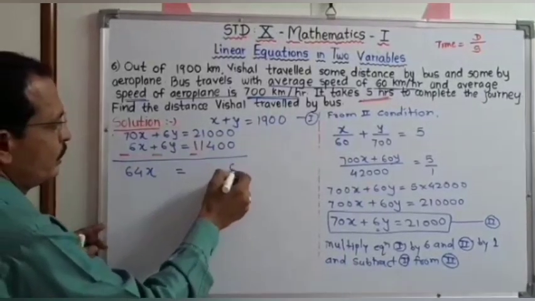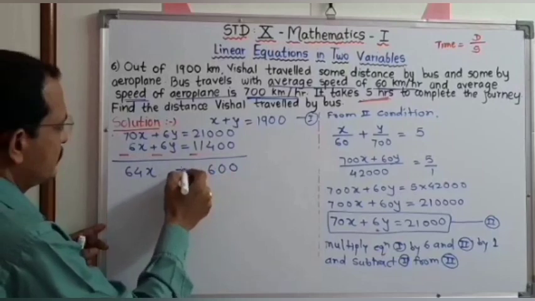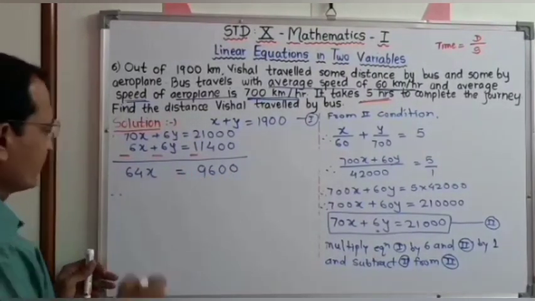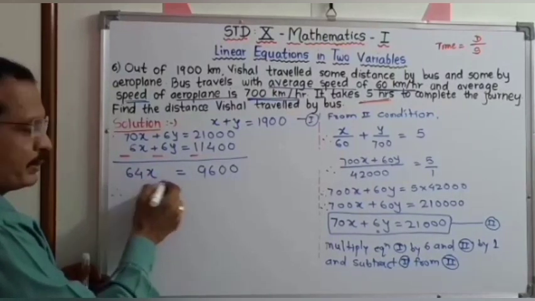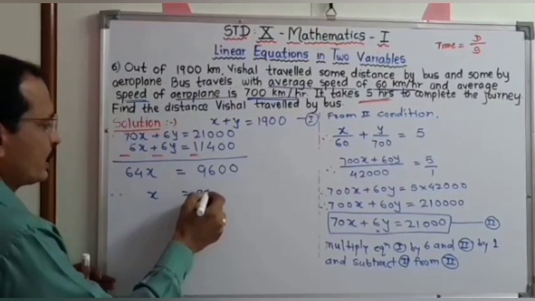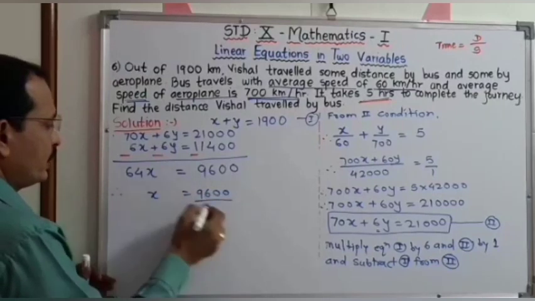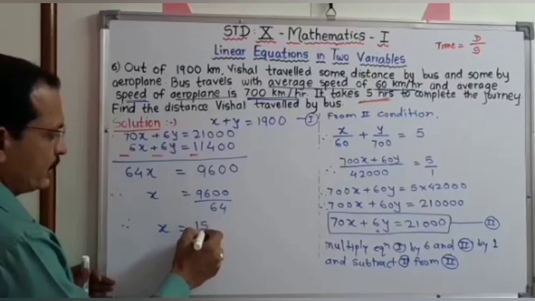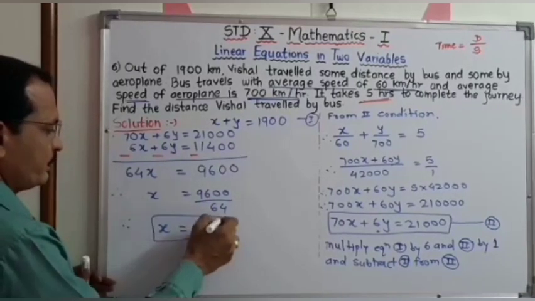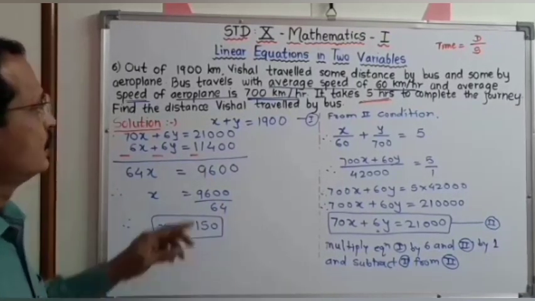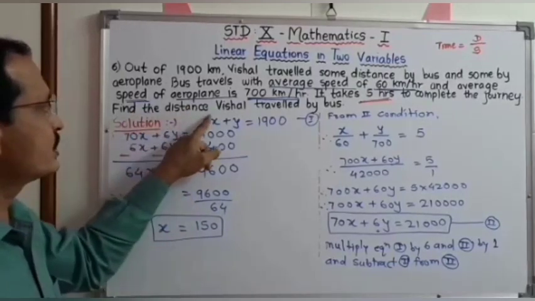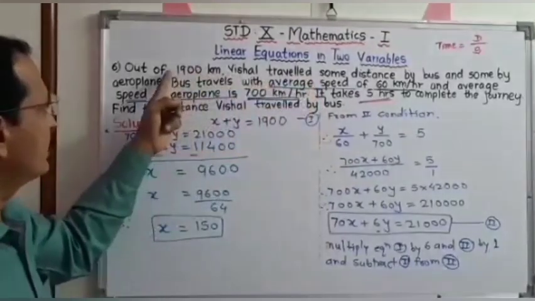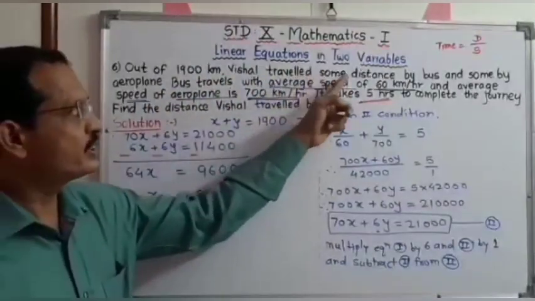It is 9600. Now divide by 64 on both sides. x is equal to 9600 divided by 64. Therefore x is equal to 150. Now dear students, what is the question? Find the distance we shall travel by bus. In the first step we said that we shall travel x distance by bus.